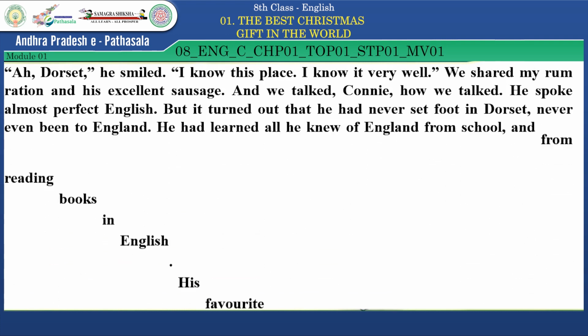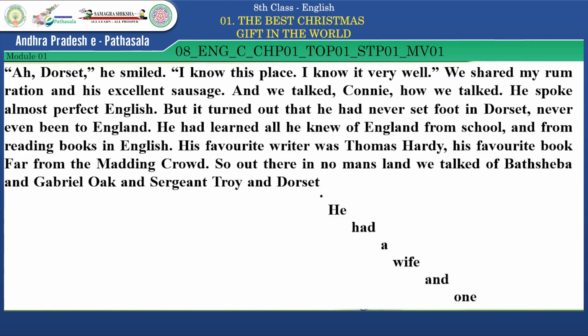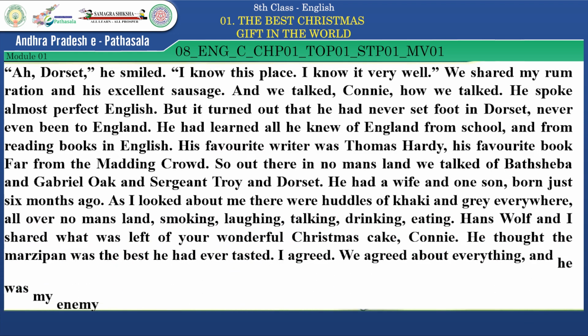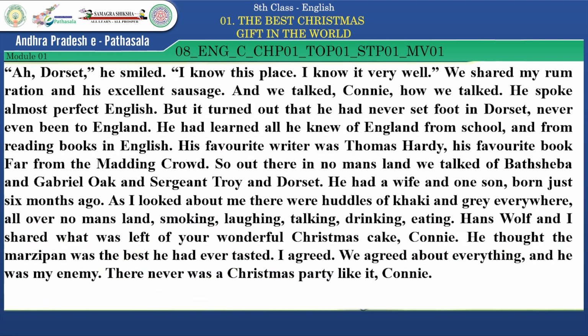Ah, Dorset, he smiled. I know this place. I know it very well. We shared my rum ration and his excellent sausage. And we talked. Connie, how we talked. He spoke almost perfect English, but it turned out that he had never set foot in Dorset, never even been to England.